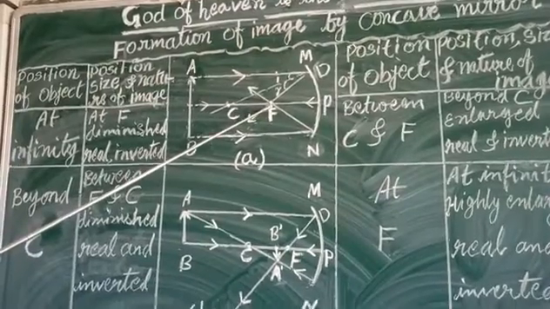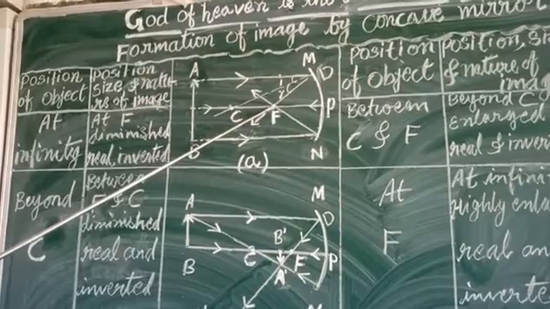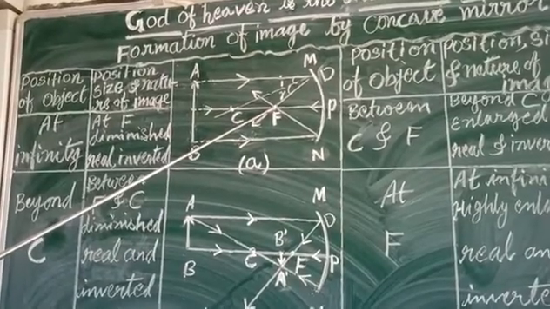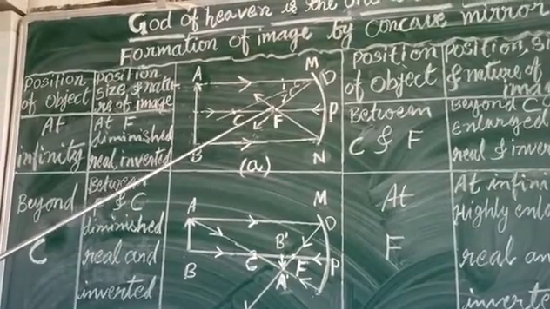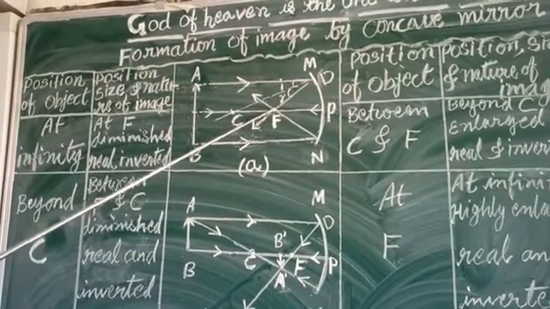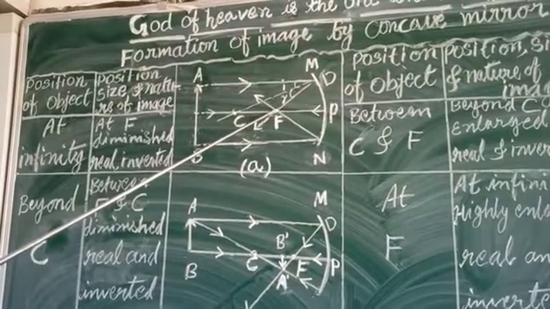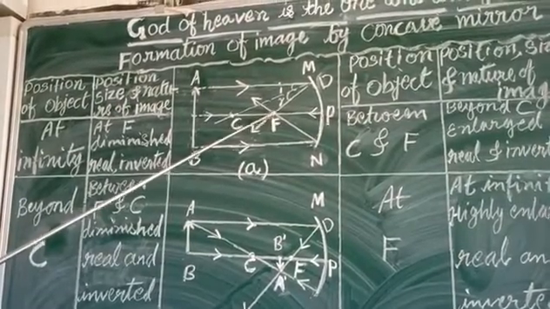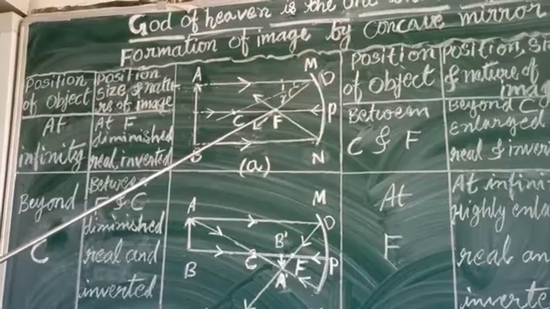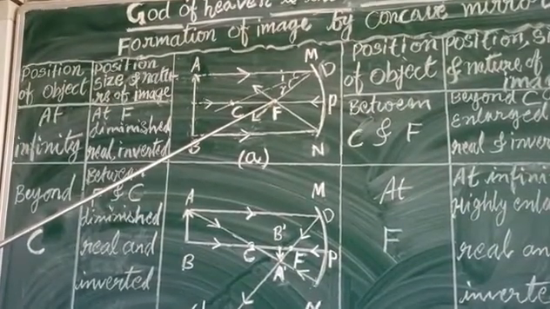So here at the principal focus the image is formed and the size of the image is diminished. That means the image is like a point or very small, and the nature of the image is real and inverted.